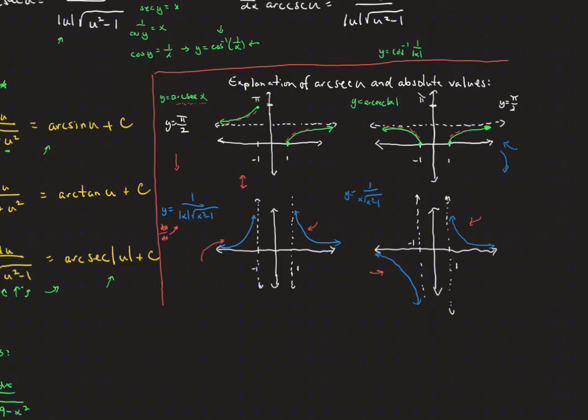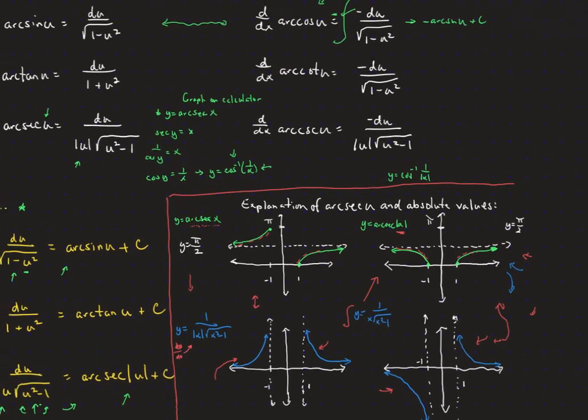So if the derivative of this green function is that, then that means the integral of this is that. And that's why when we integrate this, we get the absolute value there. So I hope that makes sense. That's about all I really want to talk about there, to give at least a visual explanation for why we have that.